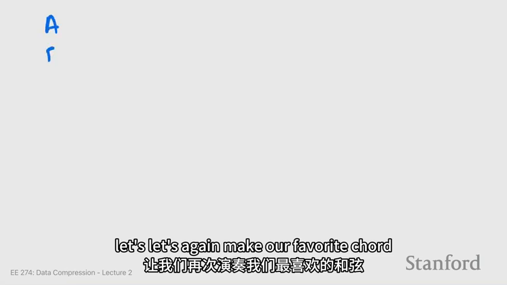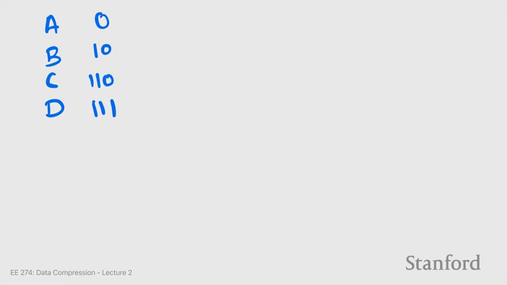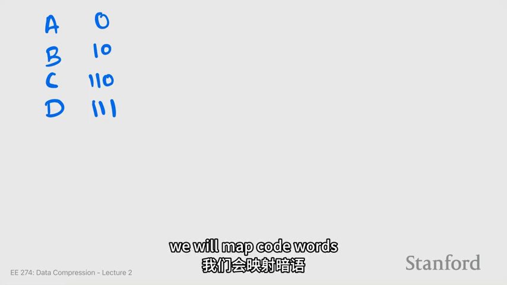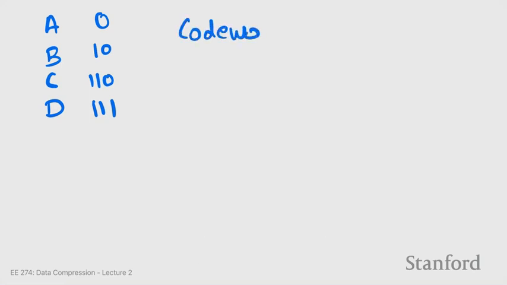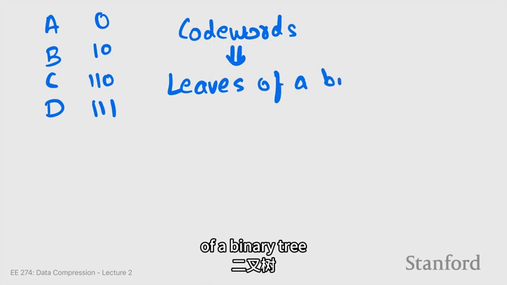Okay, so let's again make our favorite code. What we will do is map code words to leaves of a binary tree.